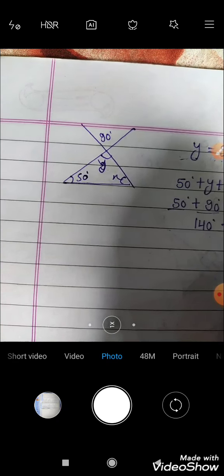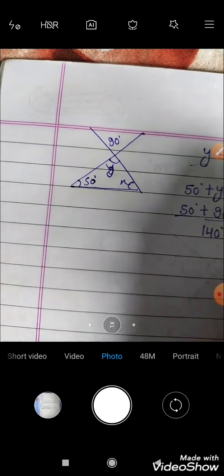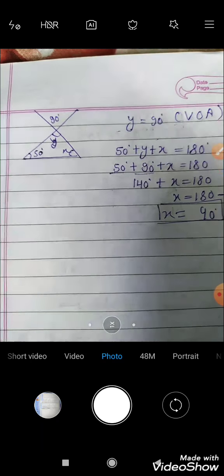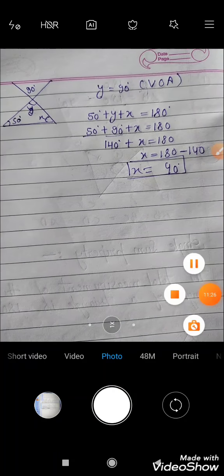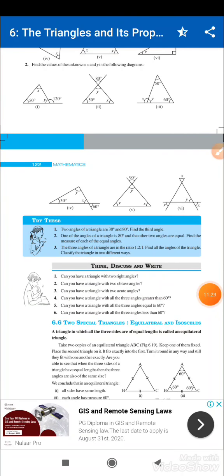First we are going to add 90 and 50, so we have 140 degree plus x is equal to 180. X is equal to 180 minus 140, and we have 40 degree. It is the value of x. In this way you can solve rest of the part of this question.